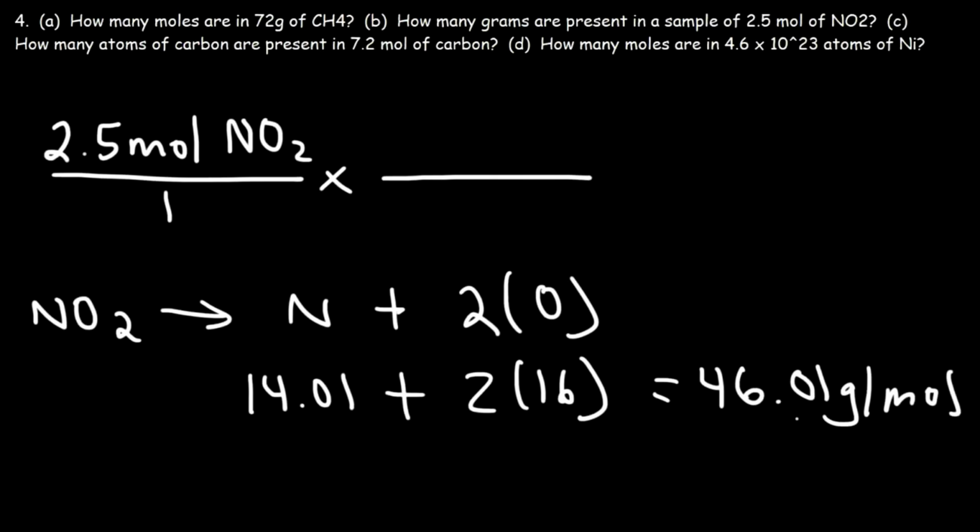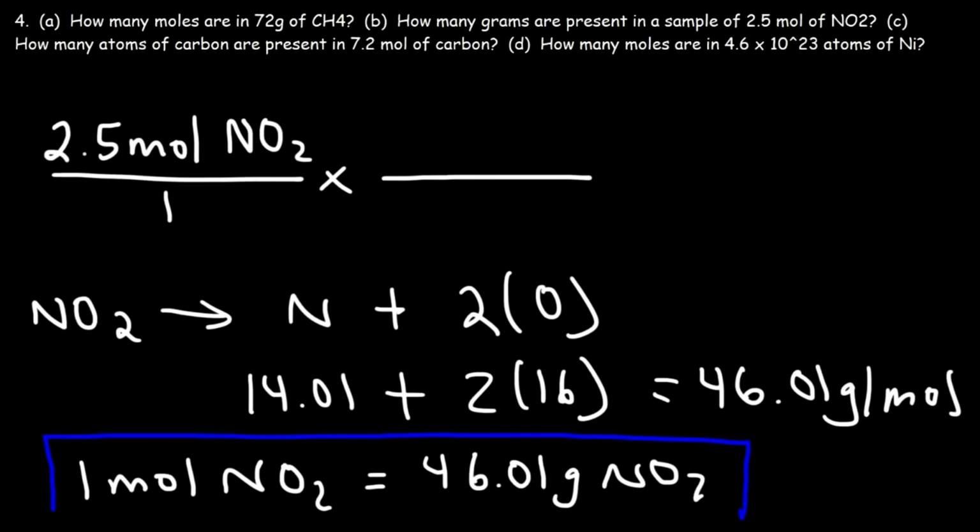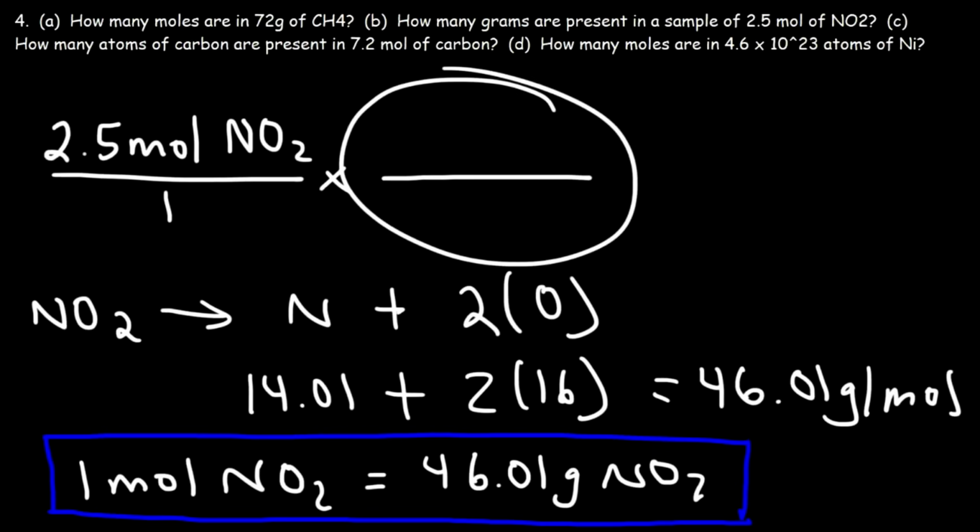From this, let's write our conversion factor. And that is that 1 mole of nitrogen dioxide contains 46.01 grams of NO2. So this right here is our conversion factor. Now, how should we place this information in this fraction?